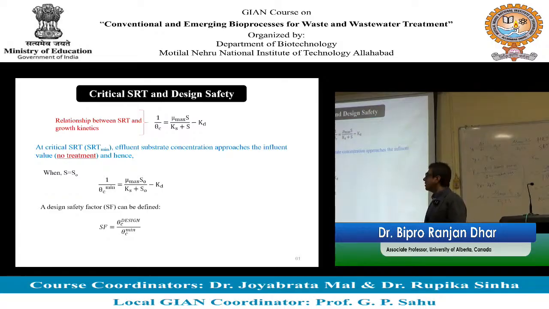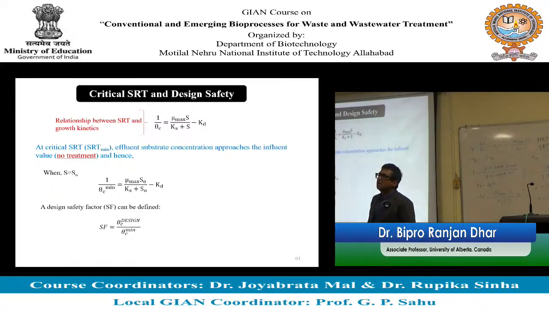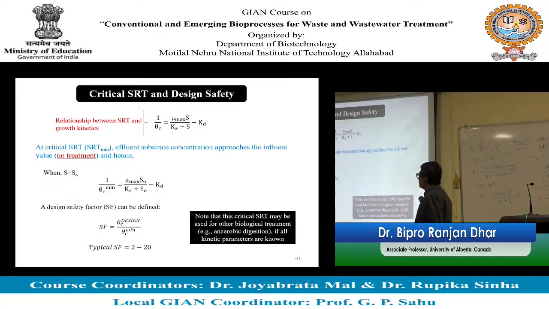And typically for biological processes, the safety factor may range from 2 to 20, or maybe even more than that. This equation is not necessarily just for the activated sludge process. You can use it for any biological process.